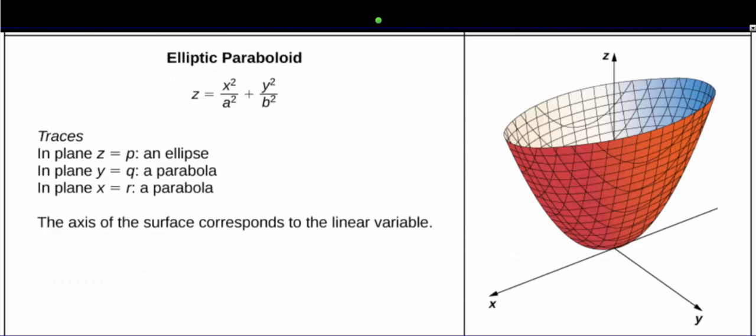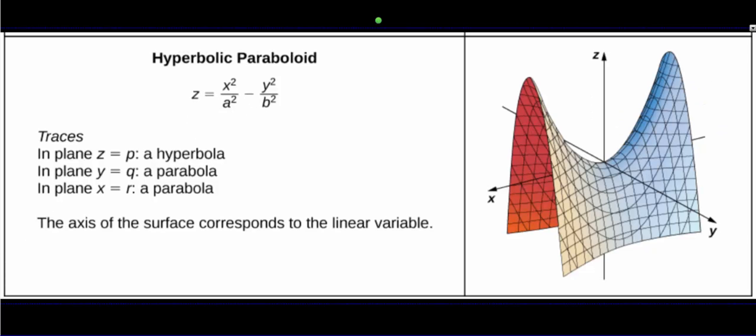We've got the elliptic paraboloid. Okay, so we're familiar with that one. And notice the general form there. And then we've got a hyperbolic paraboloid. So notice we've got a couple of paraboloids, right? We've got the elliptic paraboloid and the hyperbolic paraboloid.